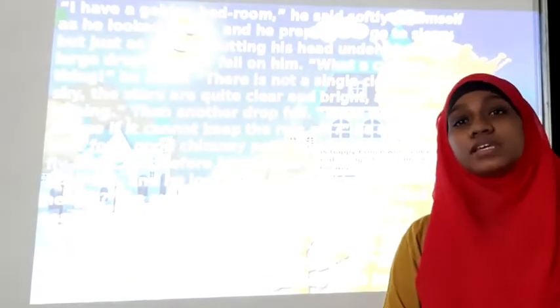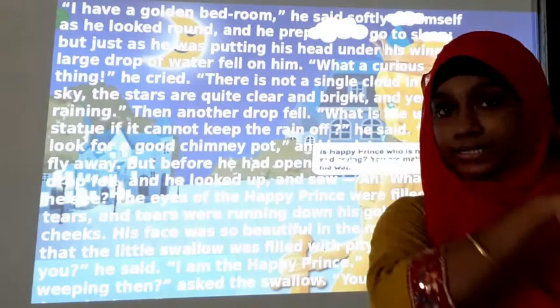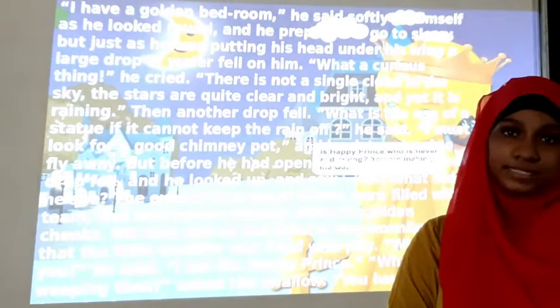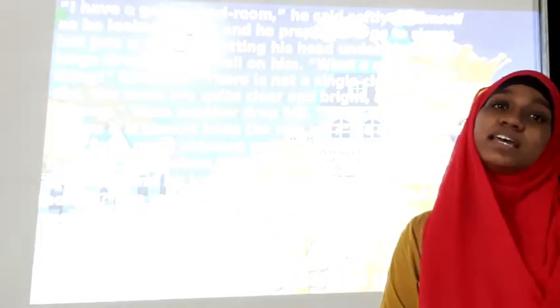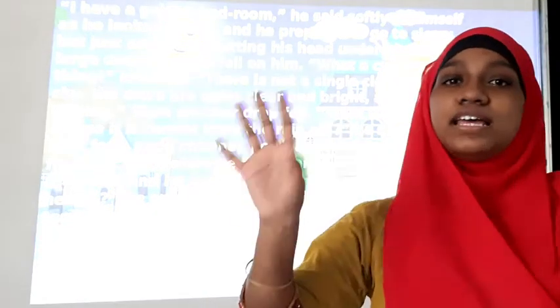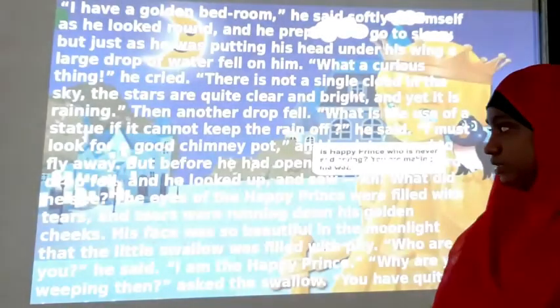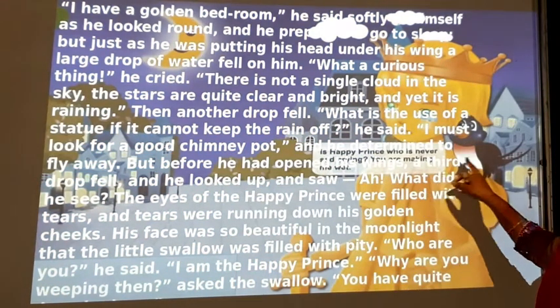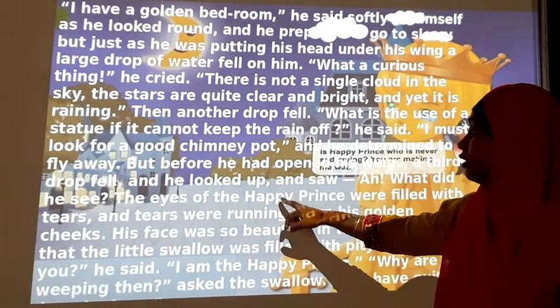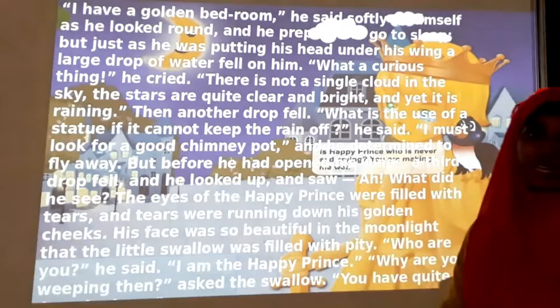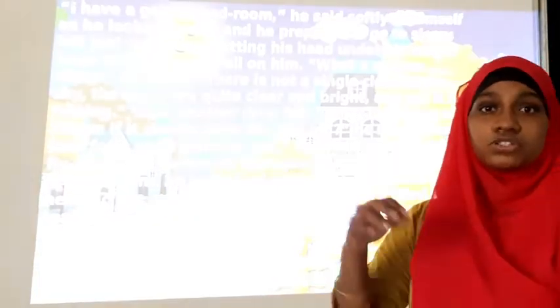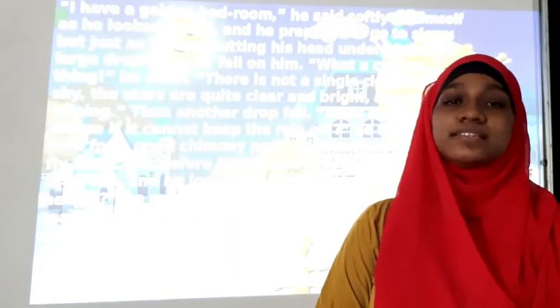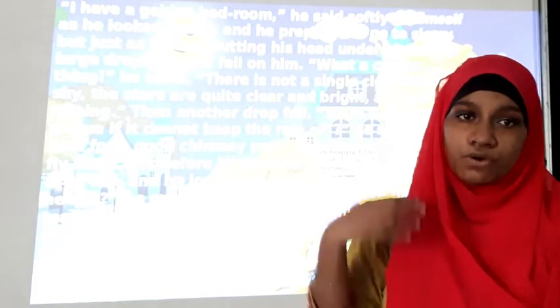So he was thinking that I will find another chimney pot where I can sleep peacefully. So he decided to fly away from there. But before he had opened his wings, a third drop fell, and he looked up and saw. When he took his head from the wings, he saw the third drop fall on him.